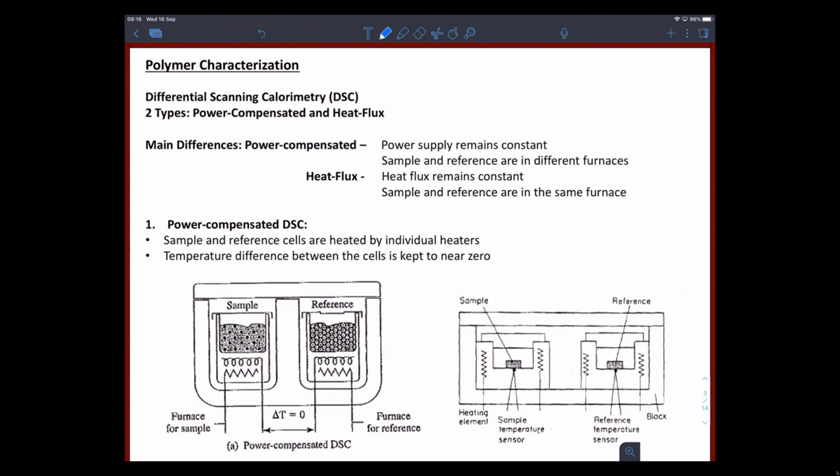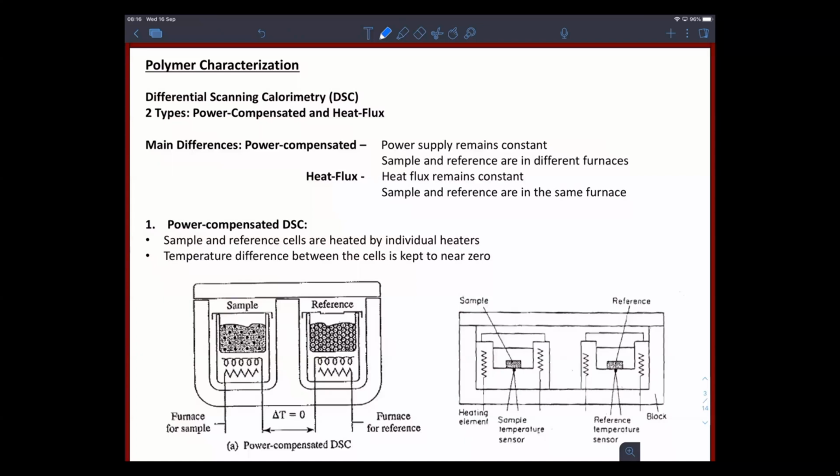We saw that on our previous example. In the heat flux, the heat flow remains consistent. That's the amount of heat put through per area, and the sample and reference are on the same surface. I think that's the oldest version that they have. Power compensated, I think, is now the most regularly used.